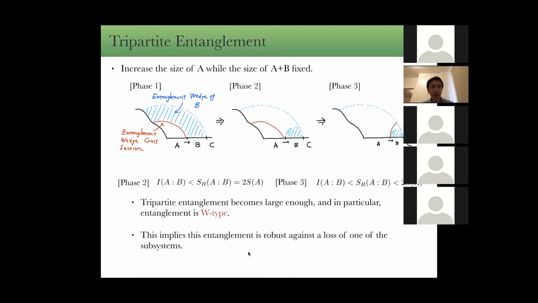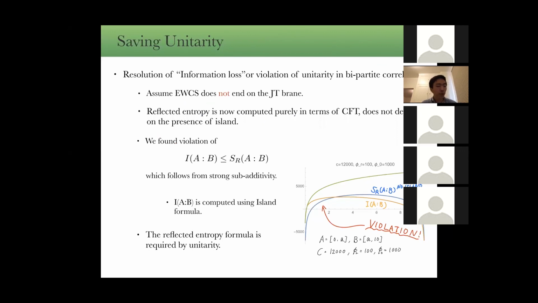So by using the mutual information and the reflected entropy, we can gain some information about tripartite information in the radiation combined with the black hole. We can also say something about the information loss in the bipartite correlation.